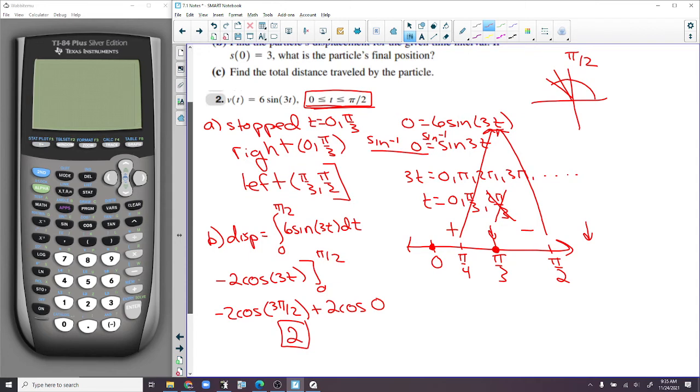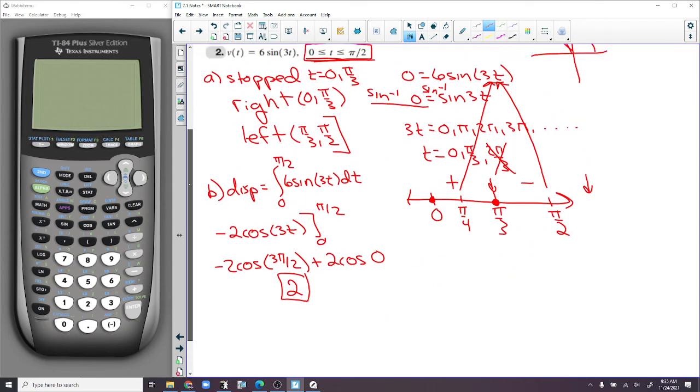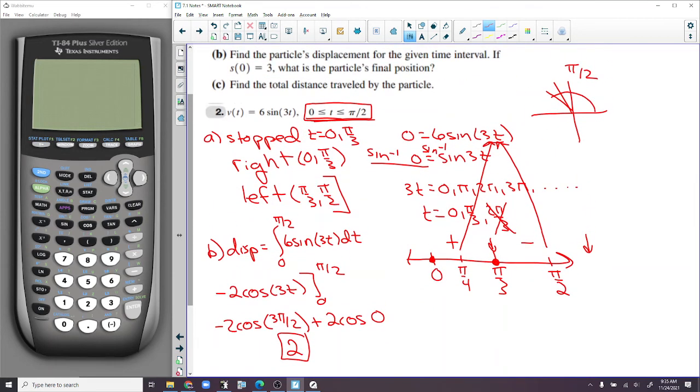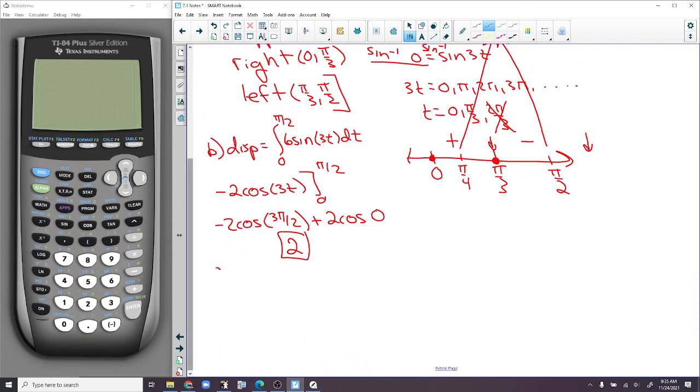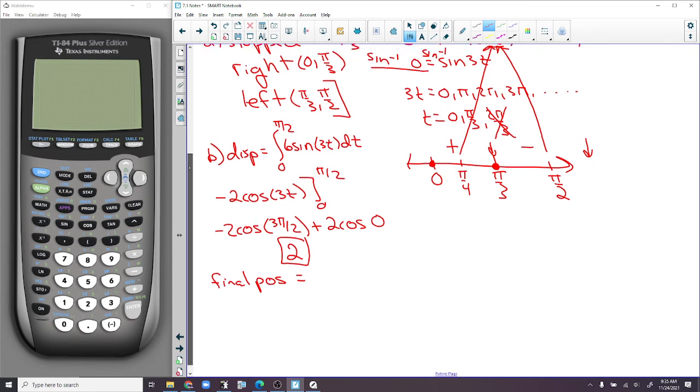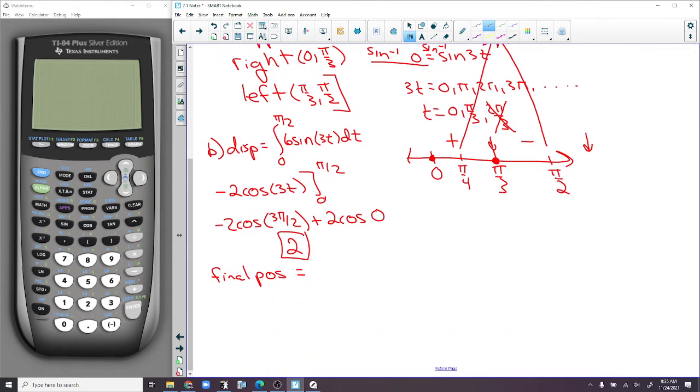It gives us an initial position, and then it says, what is the particle's final position? So final position would be, what does it say, 3? 3 plus the integral from 0 to pi over 2 of 6 sine of 3t dt, because we would have initial position plus the displacement is equal to the final position.